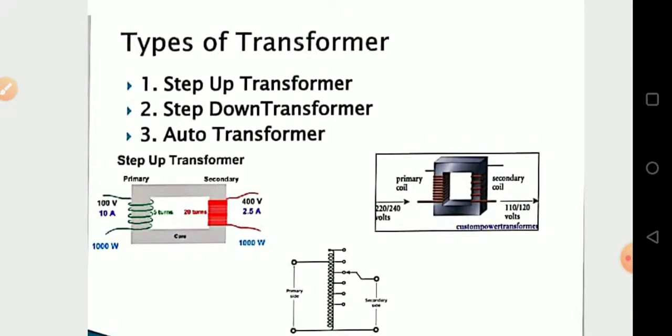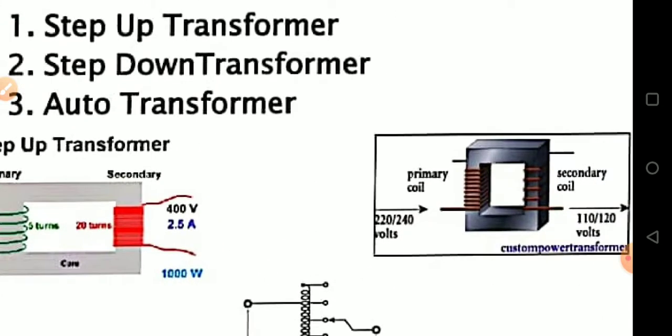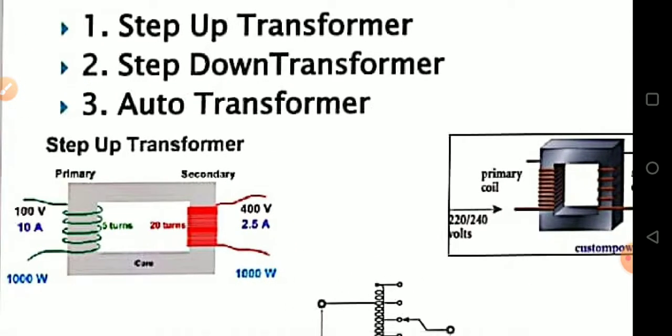The types of transformer are step up transformer, step down transformer and auto transformer. In a step up transformer, the secondary winding voltage is greater than the primary winding voltage.